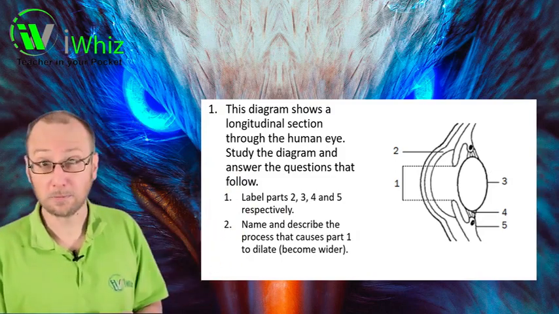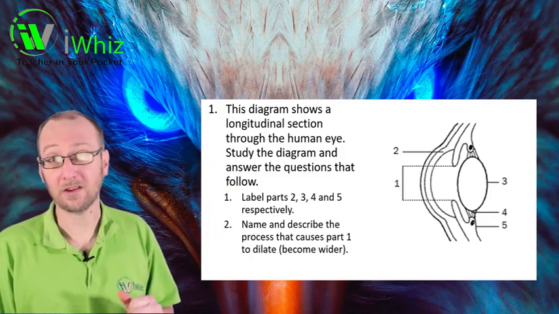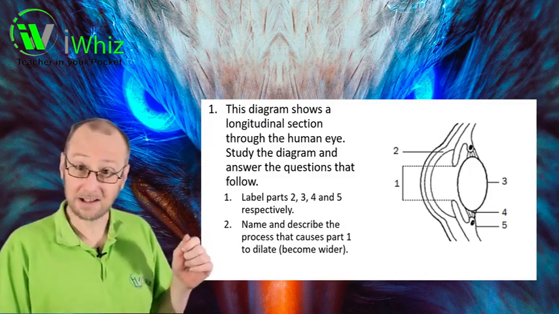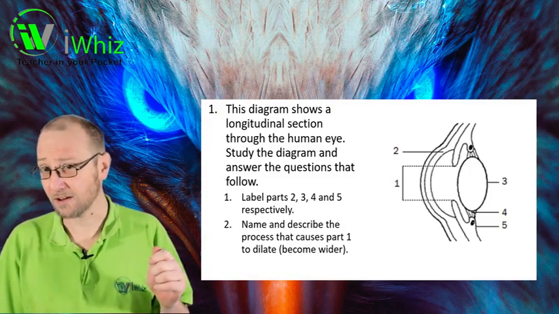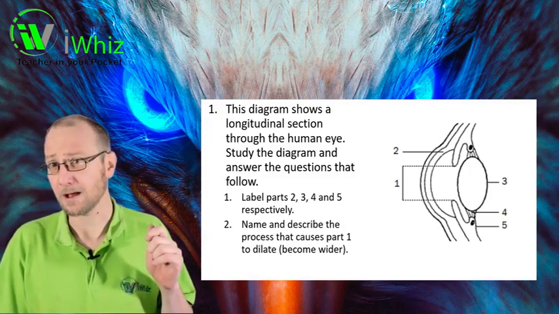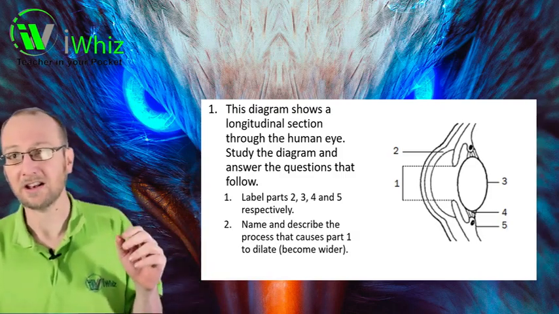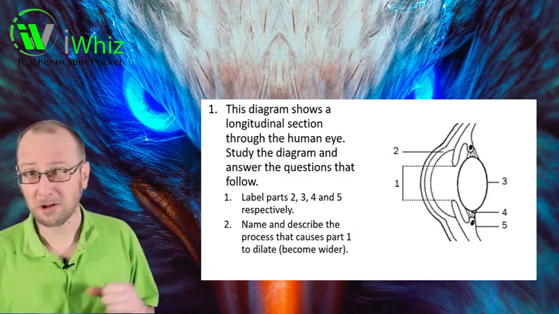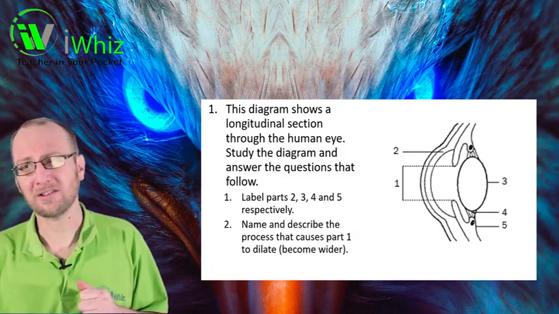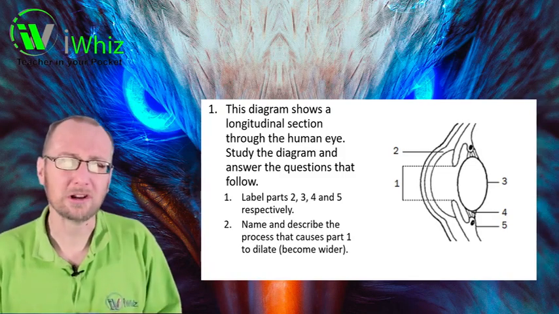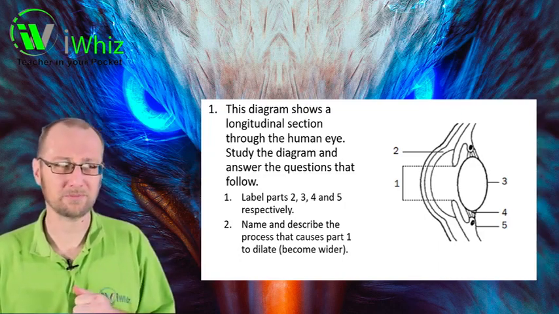Part number 4 is the suspensory ligament. And finally, part number 5 is the iris. Okay, guys, you might have said it was circular muscle, or you might have said that it was ciliary muscle. In all likelihood, you'll get the marks for that as well.